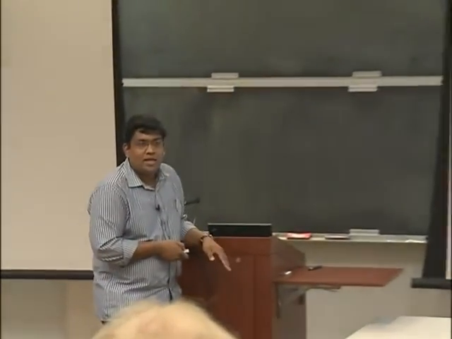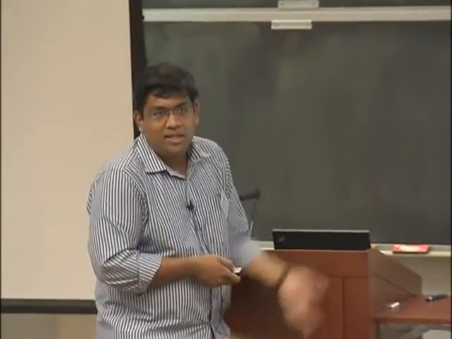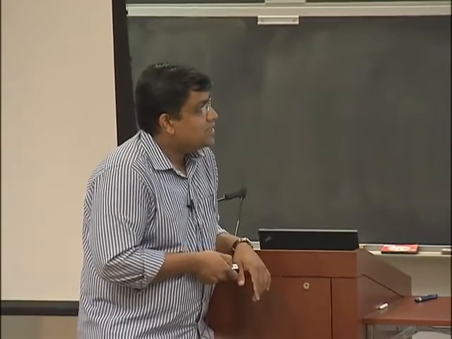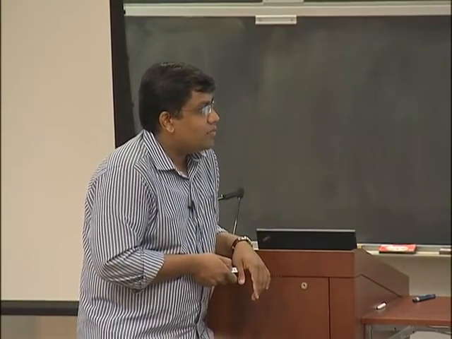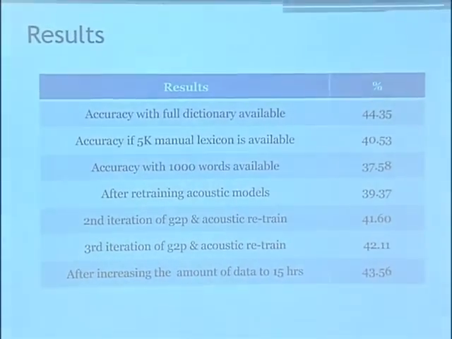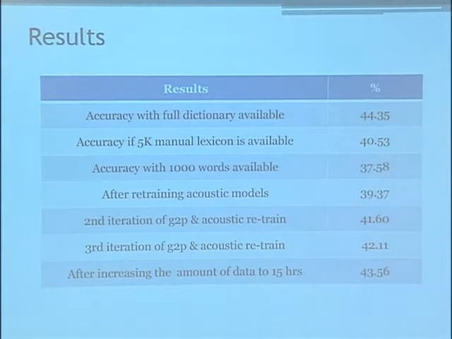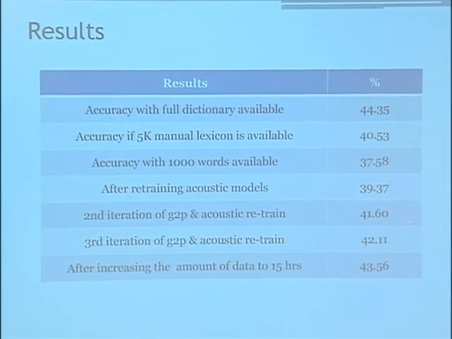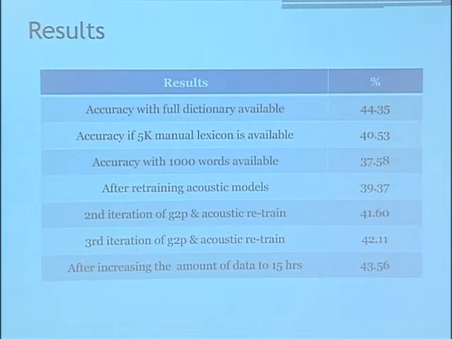So in the last stage, we pushed the whole entire training data back into the loop and then went ahead again. And so the number goes up from 42 to 43.54. So the bottom line is, by doing this iterative training process with just pronunciations of 1,000 words in your hand, you come close to your baseline number of 44.35. You are short of 1%, but still you've been able to compensate for what we have lost.